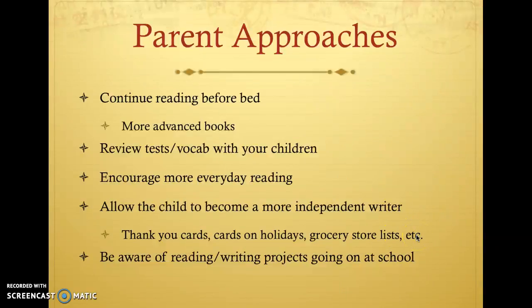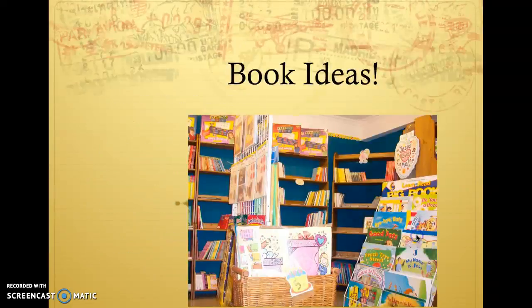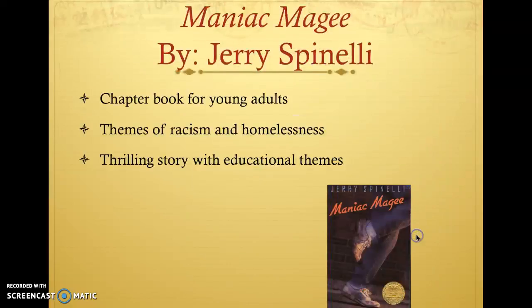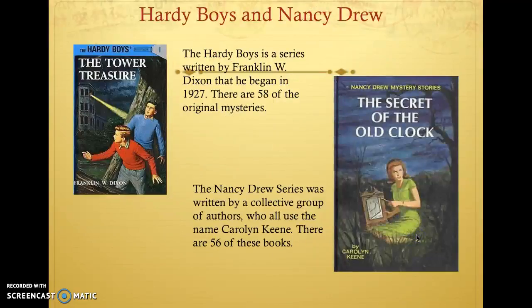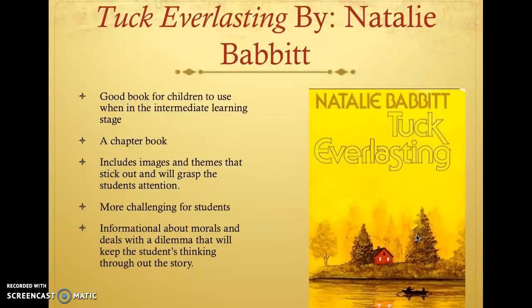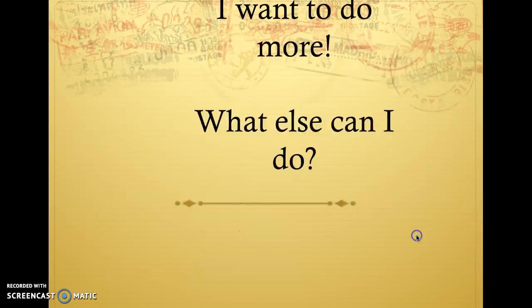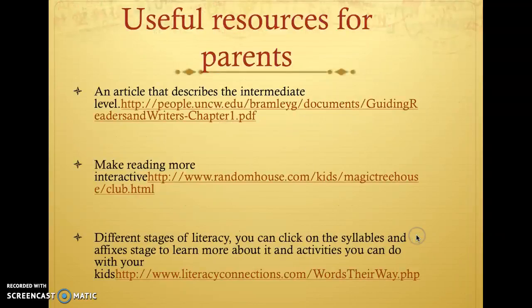Again, many of these are the same ideas that we had on previous slides. And books. Maniac Magee, Bloomability, and here's some more resources that you can give to parents. Okay.